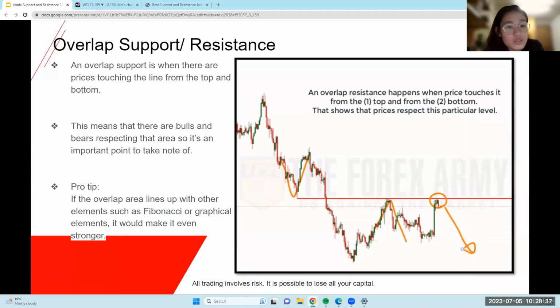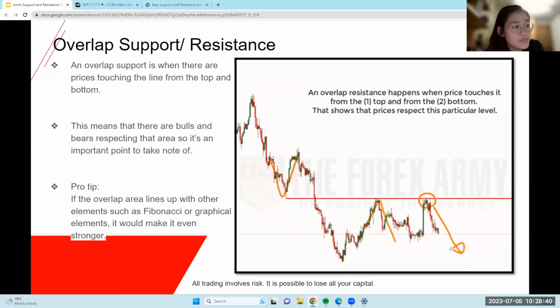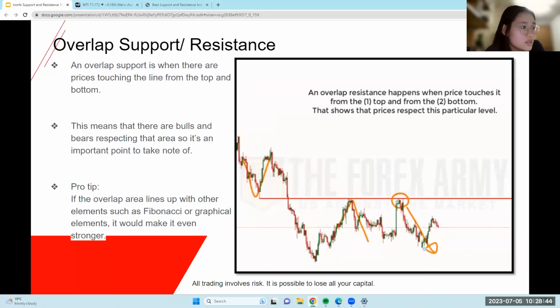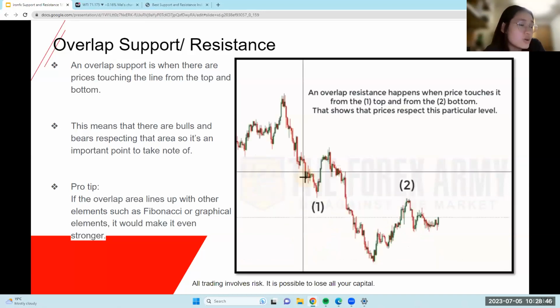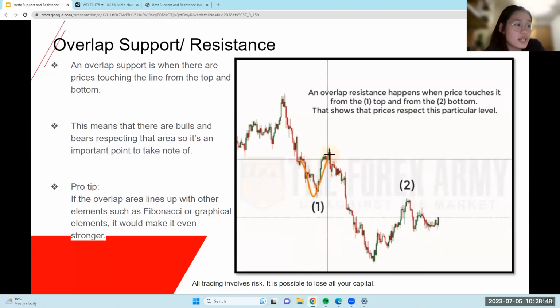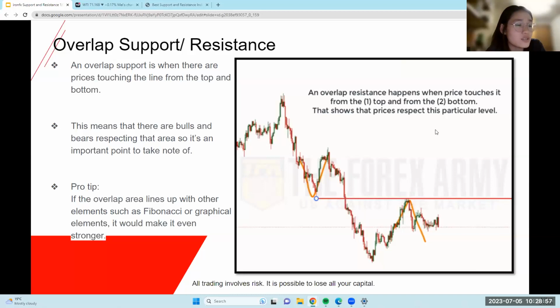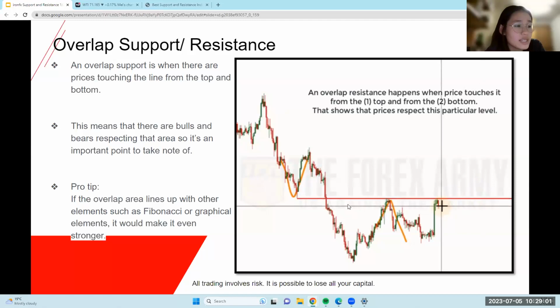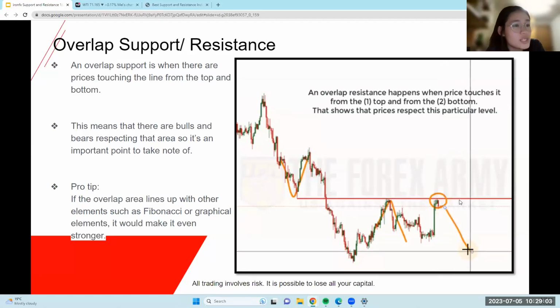So the more times that price reacts off of this area, the stronger the overlap area. This means that there are bulls and bears respecting that area, so it's an important area to take note of. Pro tip, if the overlap area lines up with other elements such as Fibonacci or graphical elements, it will make it even stronger. So same thing, you can take a look at this drift here. We have a swing low and a swing high that line up nicely at the same level. So that's essentially what an overlap is.